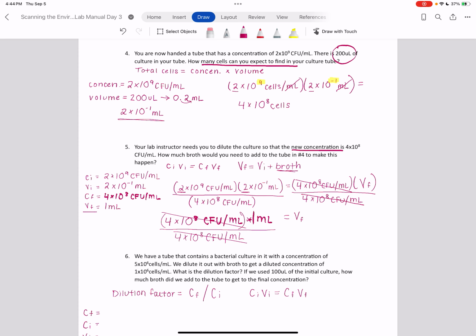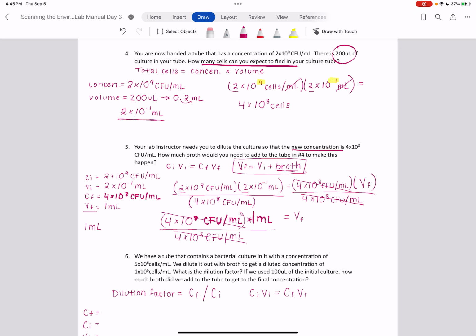The question is asking us how much broth we would need to add to the tube in order to make the new concentration. It's not asking us what the final volume is. So if we take the second equation up at the top, we can plug in our values and figure out how much broth needs to be added. We already have all of the answers that we need over to the left-hand side. For simplicity's sake, I'm going to keep these in whole numbers.